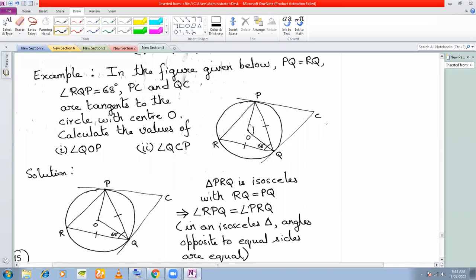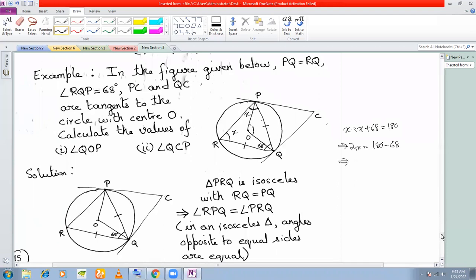So which are the equal angles? This angle must be equal to this angle, which you can find very easily. So this angle will be equal to how much? If I take this angle as x and this angle as x, then 2x plus 68 must be equal to 180, so you have 2x is equal to 180 minus 68.